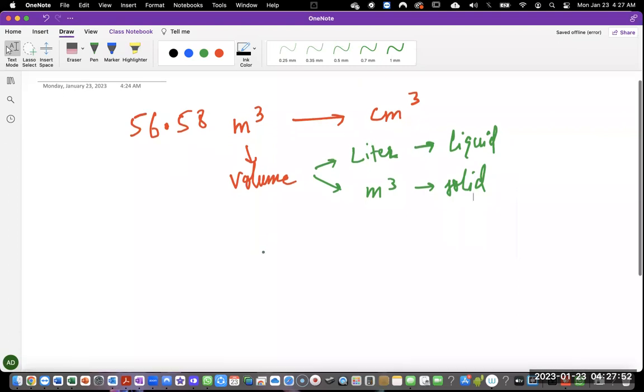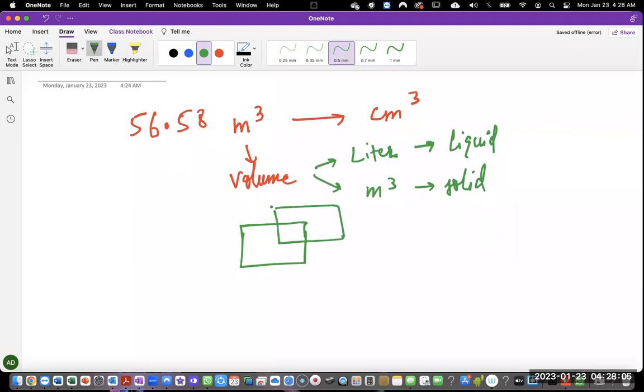Right now the idea is to change meters cube to centimeter cube. How did we get the meter cube? For example, if you are dealing with a room, then you know that you're working with 3 dimensions. If you're calling this the length and you're calling this the width, then you also have the height.